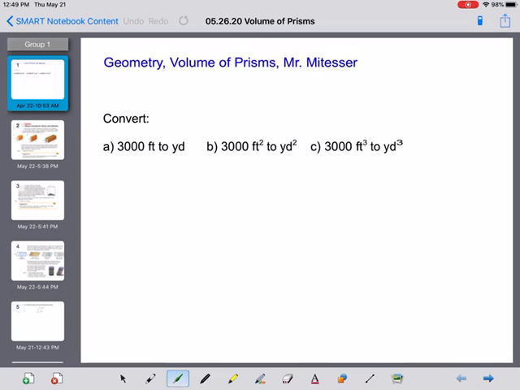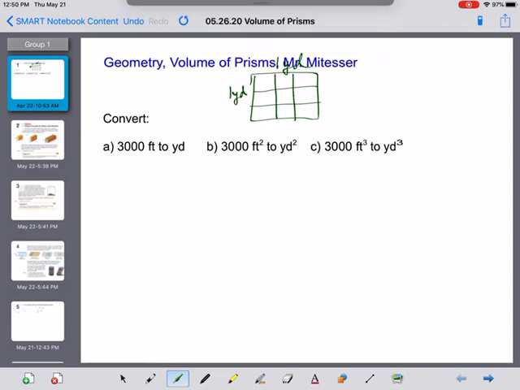I think we talked about this at the beginning of the year. And I might have said, okay, we know there's 3 feet in a yard, but how many square feet are in a square yard? A square yard literally means a square that measures 1 yard by 1 yard. In other words, it measures 3 feet by 3 feet.